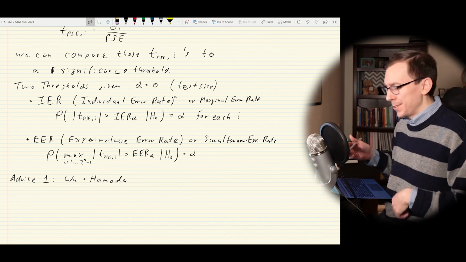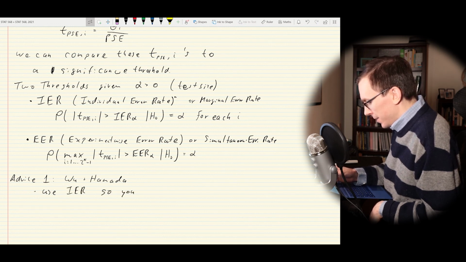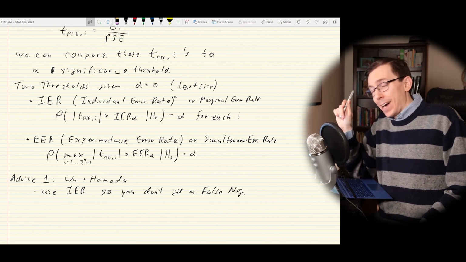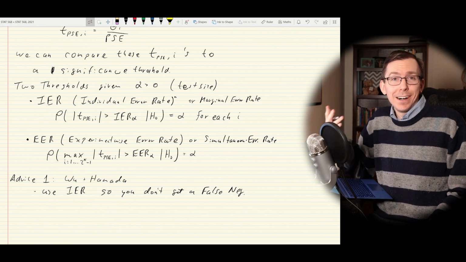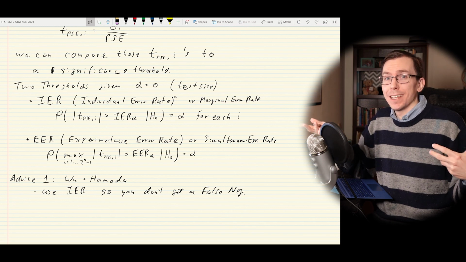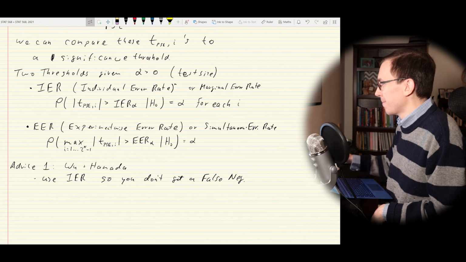So says those textbook authors. So their claim is use the IER so you don't get a false negative. Now, of course, in practice, you have to consider the cost of a false positive versus a false negative. One may be worse than the other. Neither is good, but one may be worse than the other.